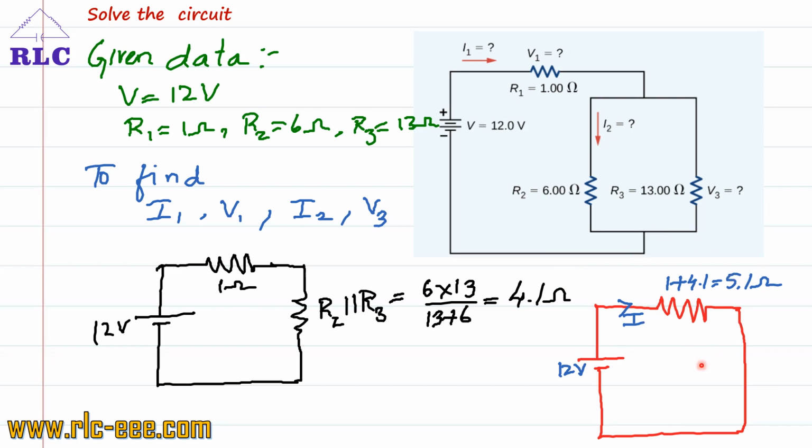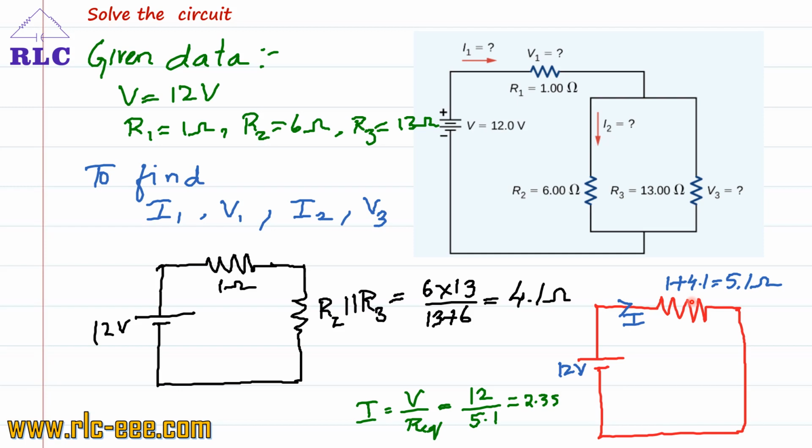Correct? Then easily you can find the main current, that is I is equal to V by R. Substitute the value, 12 volts divided by 5.1 ohms.